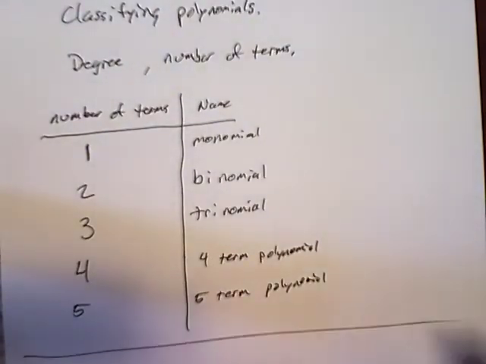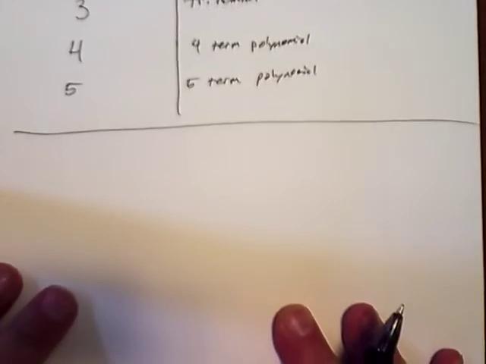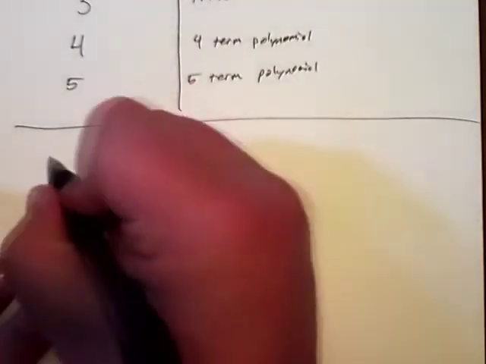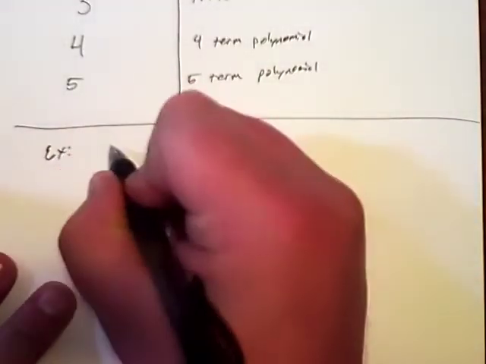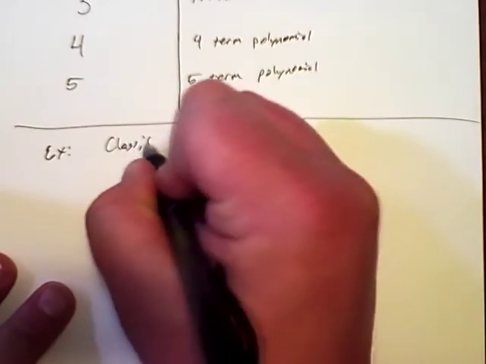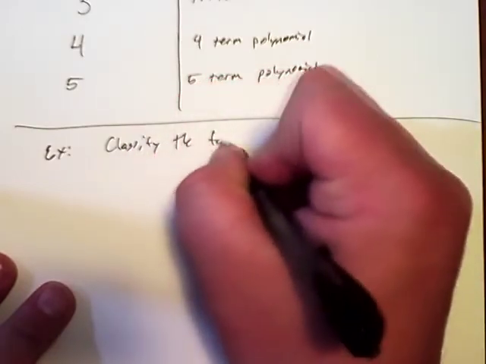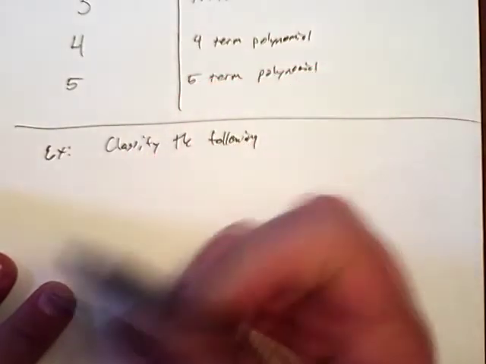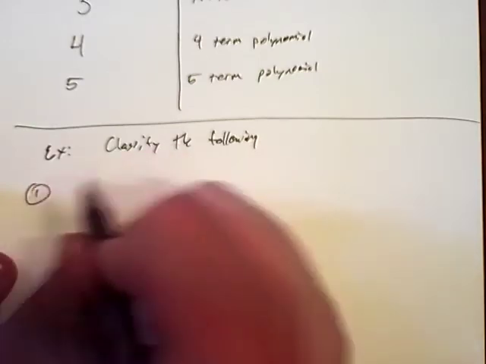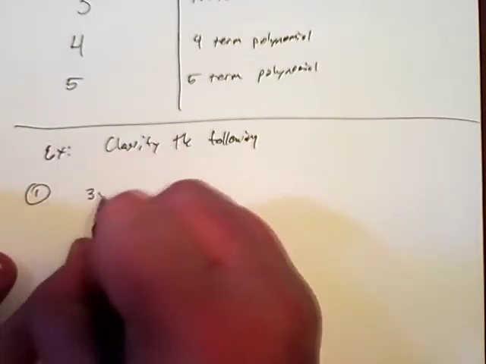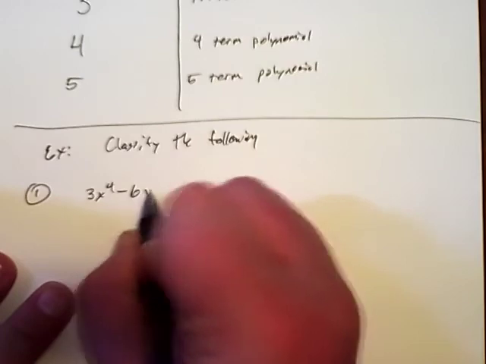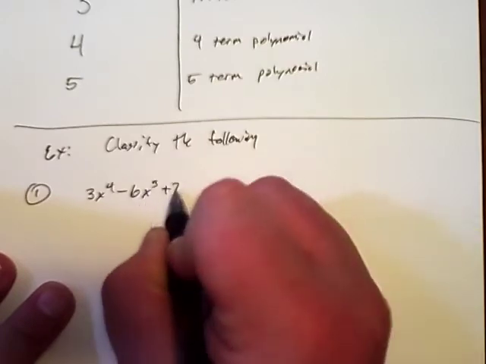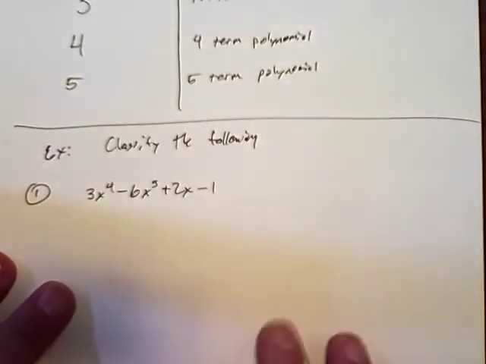So let's do a couple of quick examples. We're going to classify these next couple, and then we'll be good to go. Example: classify the following. The first one we're going to do is 3x to the 4th minus 6x to the 3rd plus 2x minus 1.